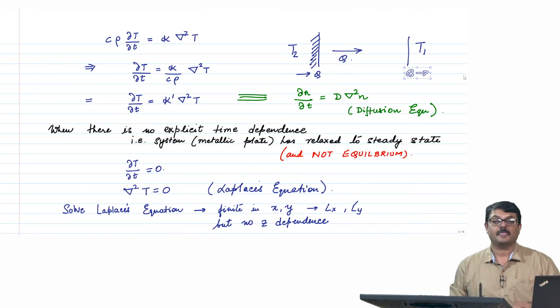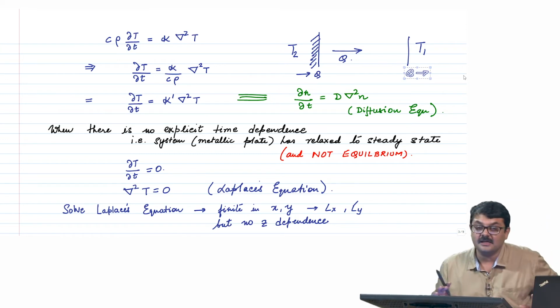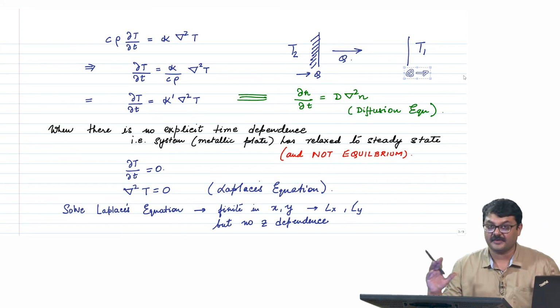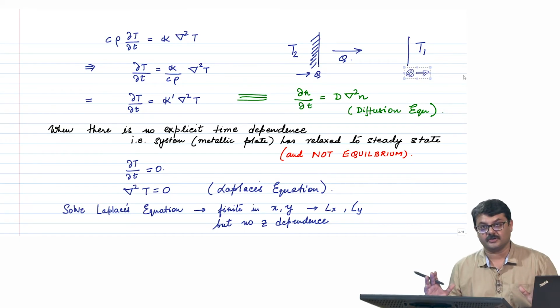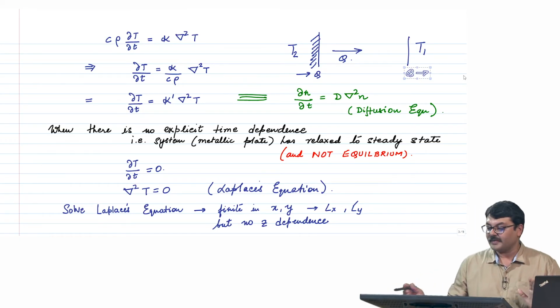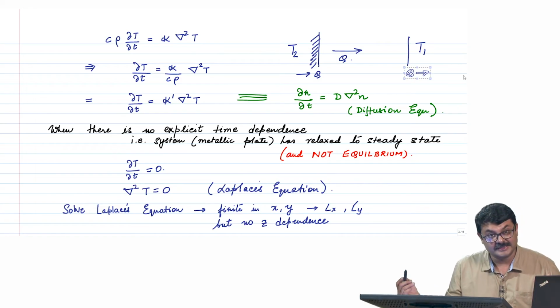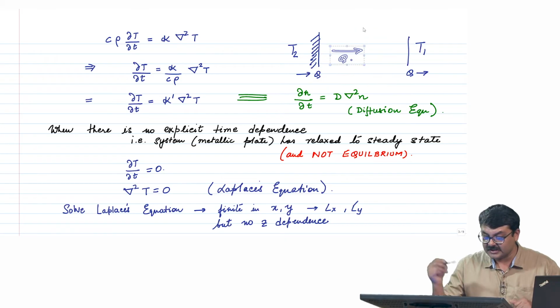There will be a temperature profile, a T as a function of x and y, but that is not going to change. In steady state, there will be a net heat current, and what would be the temperature profile across this region?